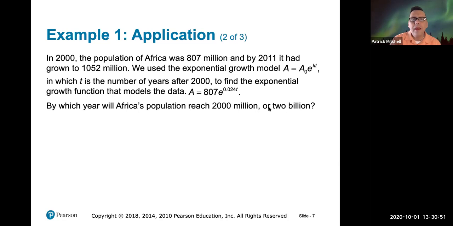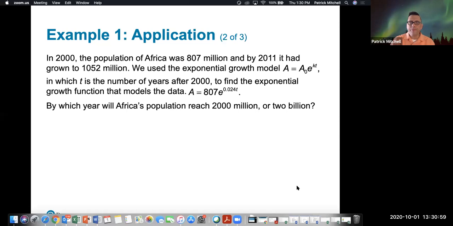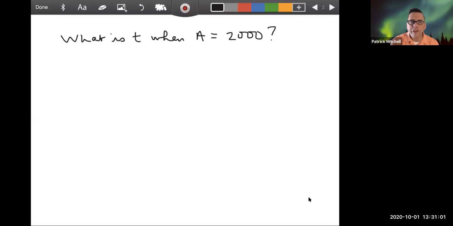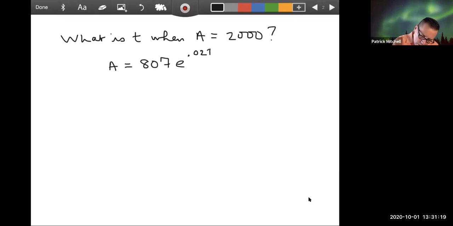Okay, so going back to the tablet, let me go to the next page here. By which year will Africa's population reach 2,000 million? So using the model that we just found, which is A equals 807 e to the power, I'm going to stick with my 0.0241.